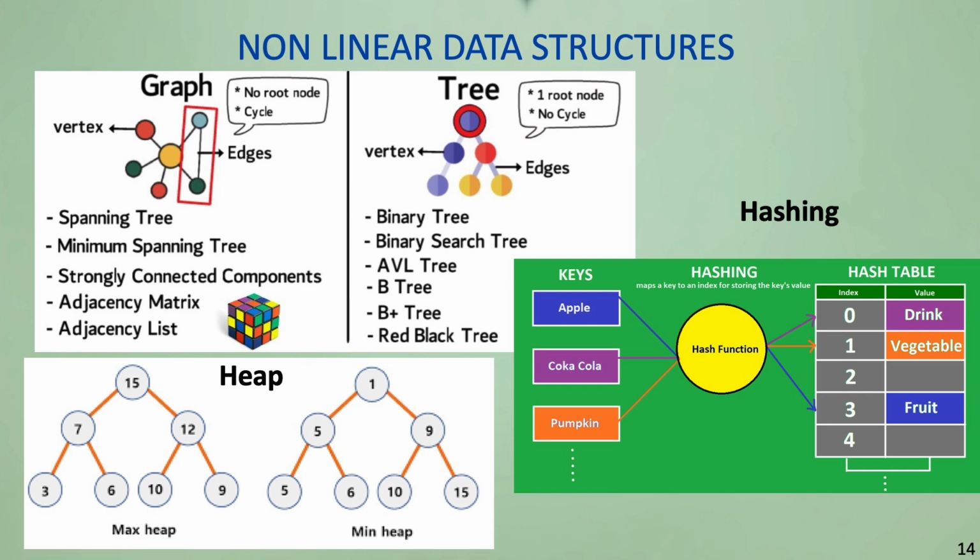Another data structure which falls under the category of nonlinear data structures is hashing. Hashing is actually mapping between a key and a value. In this example, what you see is we have different keys, namely apple, cola and pumpkin, and we have some hash function.